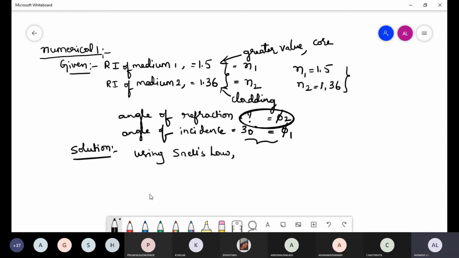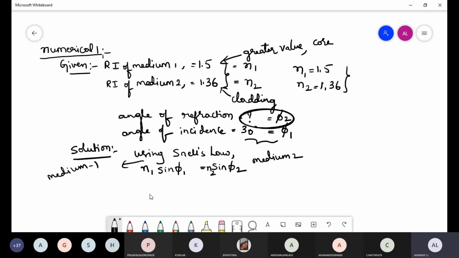So we know that N1 sine phi1 equal to N2 sine phi2. This is for medium 1 and this is for medium 2.